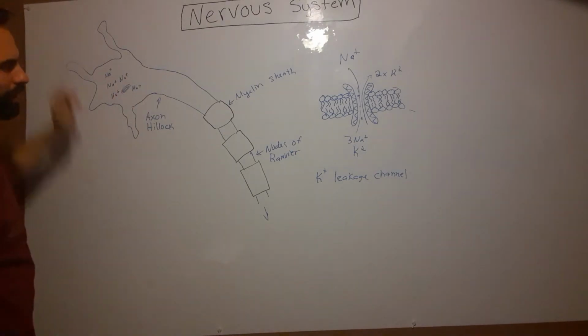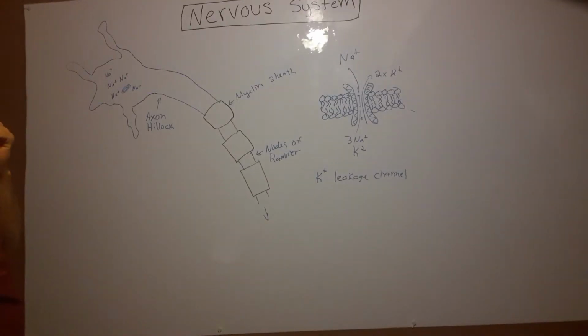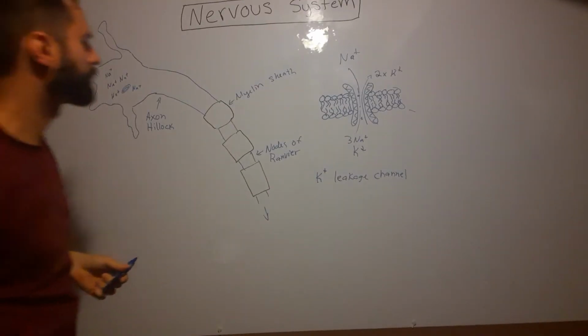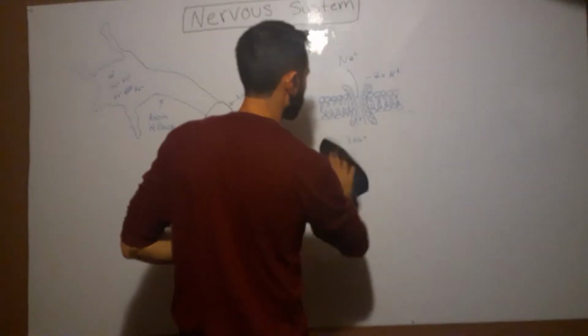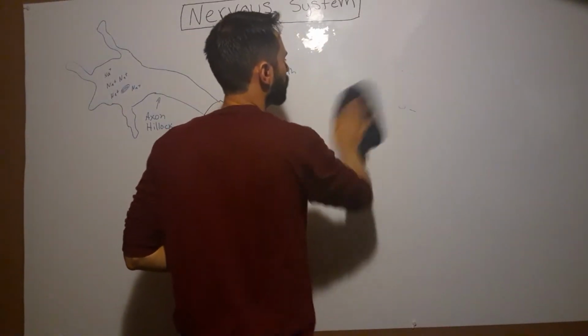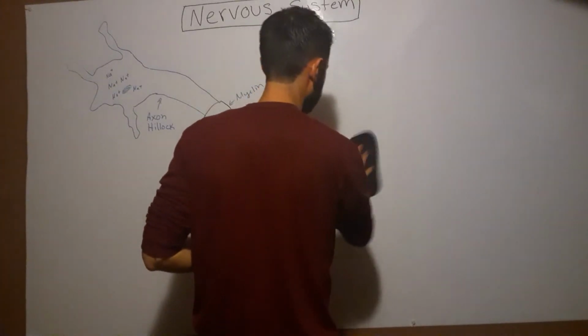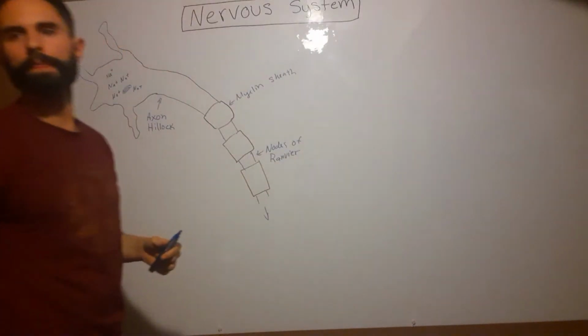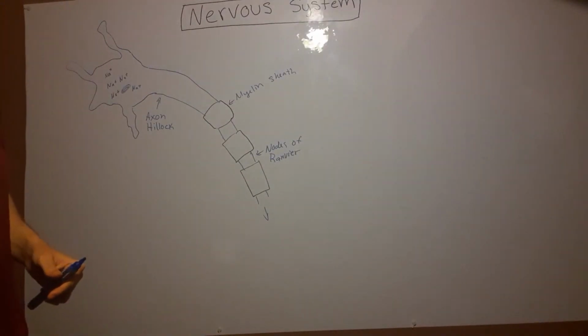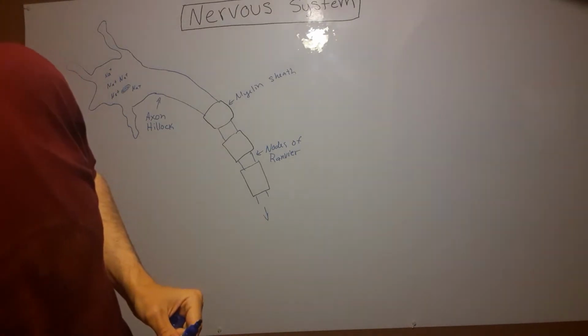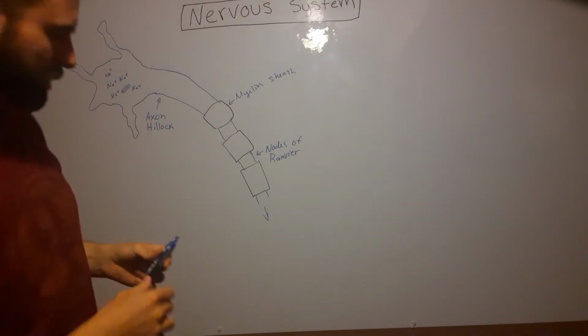Now, where do I want to do a chart here? I want to make sure that it's very visible. I think I'm going to erase this over here. Oh, sorry, I'm just making sure this camera is still going, which it is.